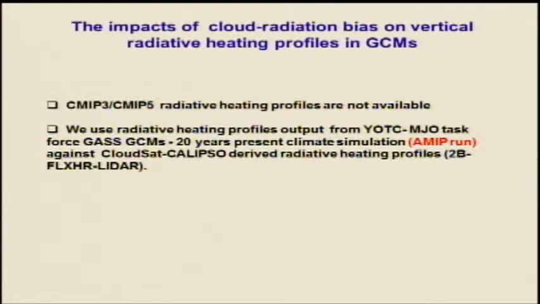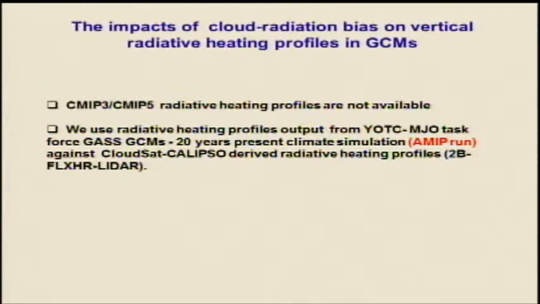So this is probably one of the two datasets available that gives us a chance to examine the model radiative heating. One is the CCCM, the other is from the CloudSat science team, Tristan's data.